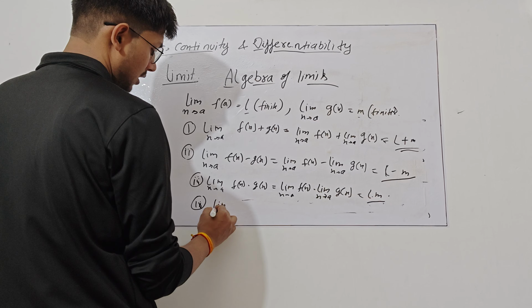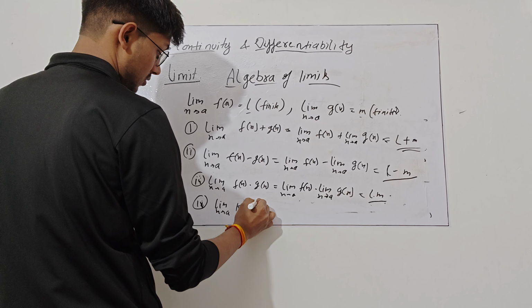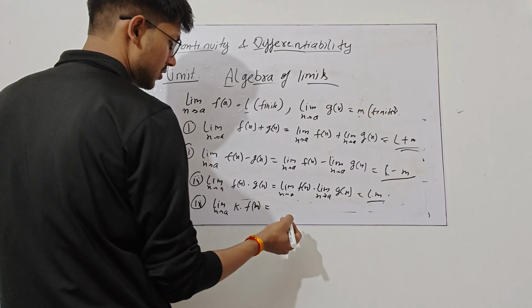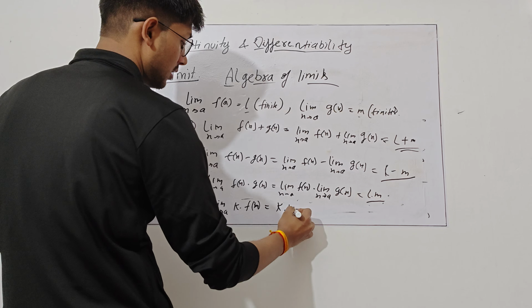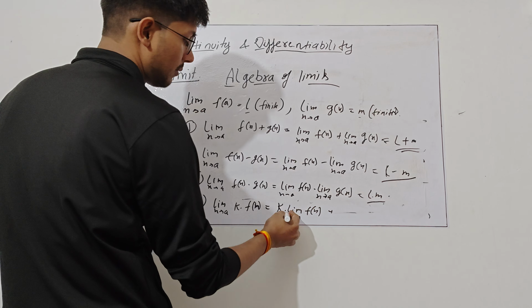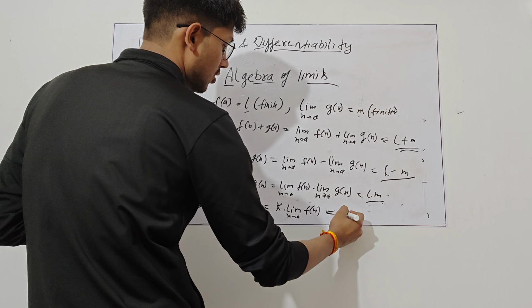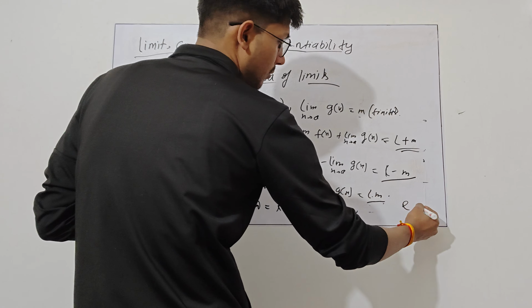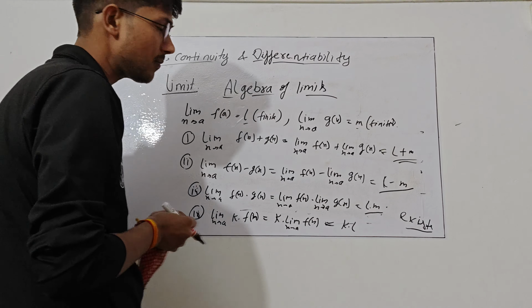So limit x tending to a of k dot f of x. We separate this also. K is a constant, so we take it out: k dot limit x tending to a of f of x, and we know that limit of f of x is L. So k dot L. This also exists. So all limits exist. This is called the algebra of limits.